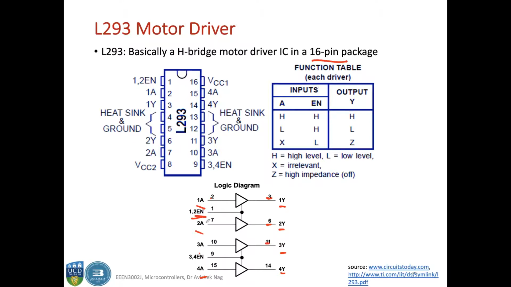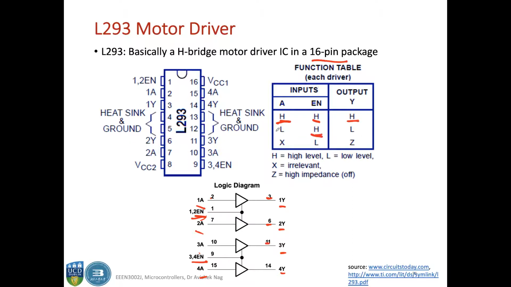We have also the enable pins. There are 2 enable pins, one enable pin that can enable both 1 and 2 in, and another enable pin which can enable 3 and 4. Based on the input, if your enable is high and your input is high, then you have a high output.